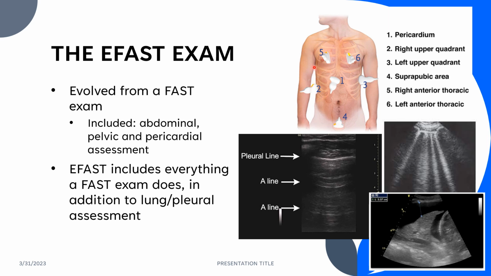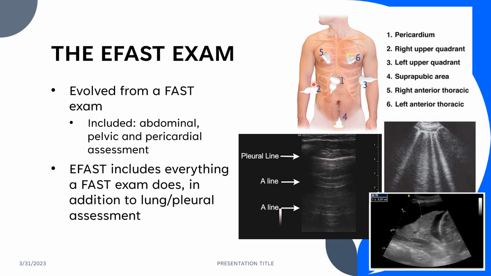So by sliding this up, I can take a look right here. Right there, you can evaluate that lung region for any free fluid, pleural effusion, pneumothorax, hemothorax, and then you can also look for sliding of pleura in this area to evaluate for a pneumothorax, and we're going to talk about that in a moment.